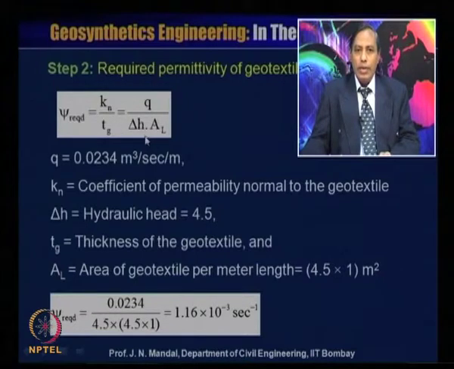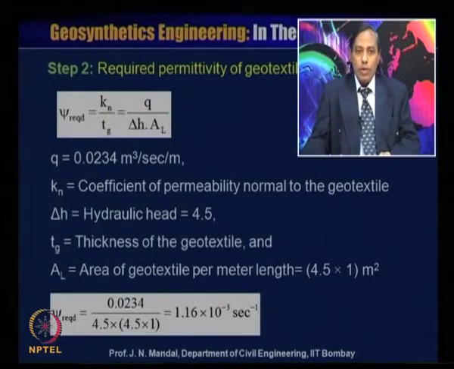Delta H is the hydraulic gradient, that is 4.5, Tg is the thickness of the geotextile, and Al is the area of geotextile per meter length, that means 4.5 into 1 meter square.